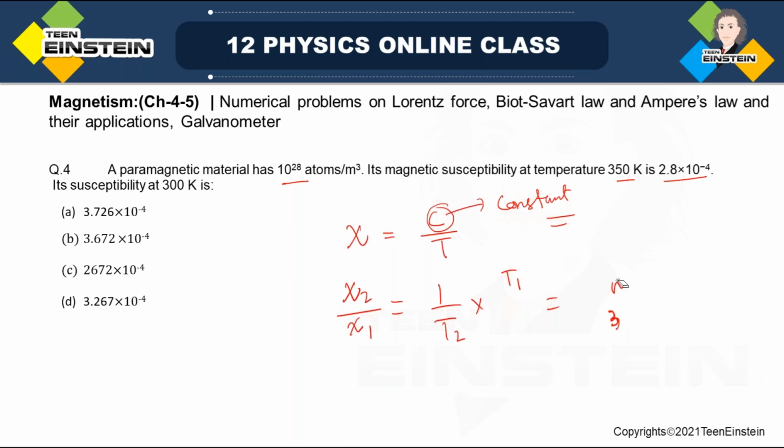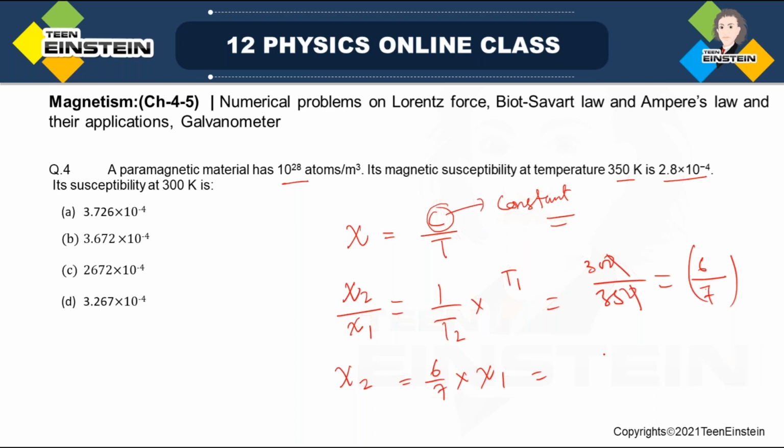Okay, so this is 300 Kelvin divided by 350 Kelvin. We can simplify it a bit. 6 by 7. Okay, 6 by 7. So chi 2 will be actually 6 by 7 into chi 1.